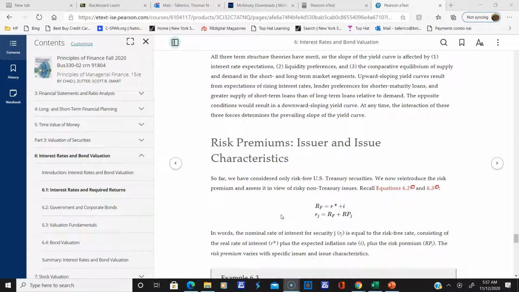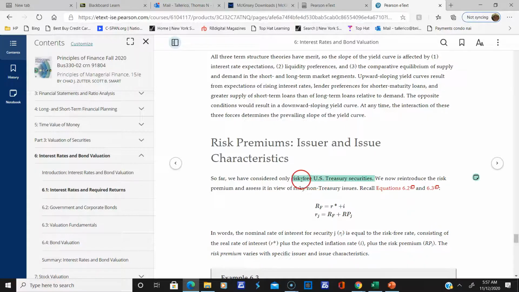Early on a Wednesday morning, I want to pick up here with risk premium, and basically both sides, the issuer and the issue characteristics. Both sides take risk, right, with a bond. So far, basically, risk-free treasuries, you always get paid, right? The government will always pay you. That's why they're called risk-free. They won't default.